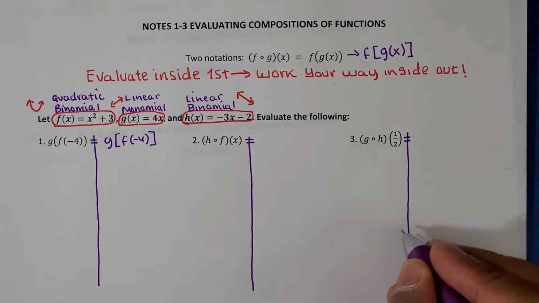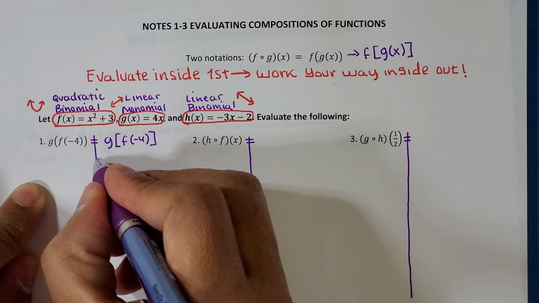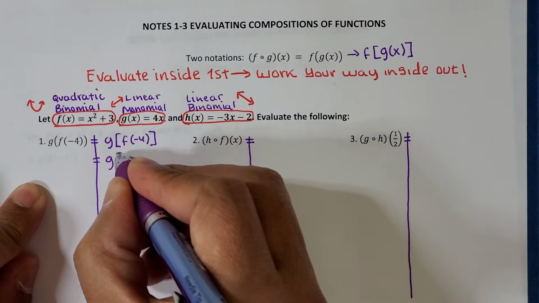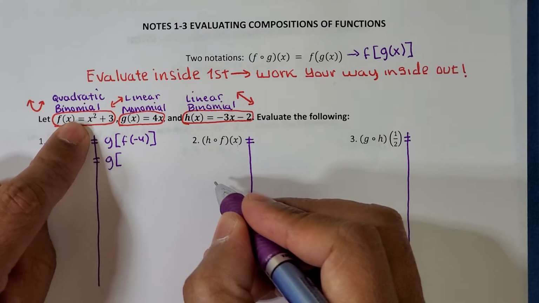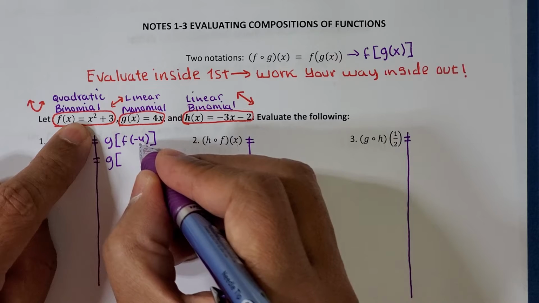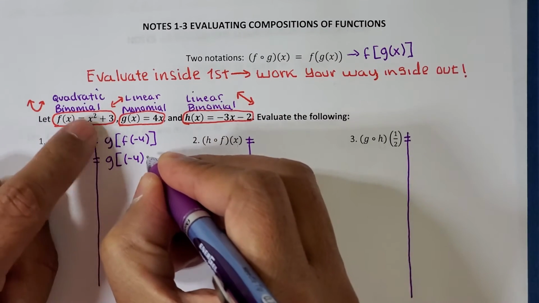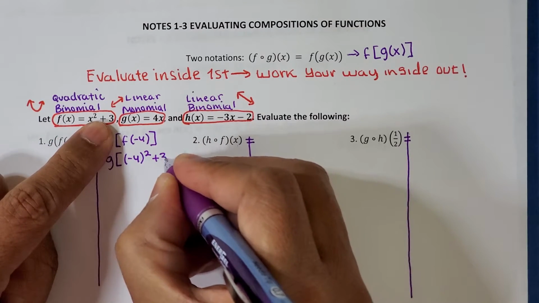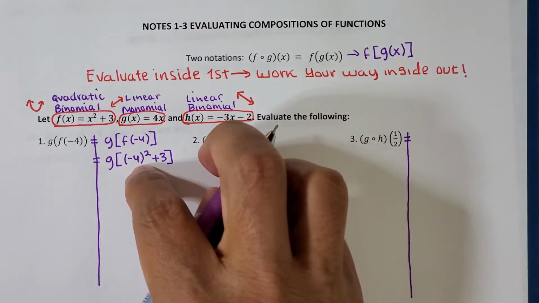So what that means is that I'm going to replace here, so this will be g, and then instead of f, I'm going to substitute for f, and wherever I see an x on f of x, I'm going to substitute that x with the -4. So then this would be -4, and then I'm going to take the square, and then I'm going to add 3. So I just replaced the f function and the x value with the -4.